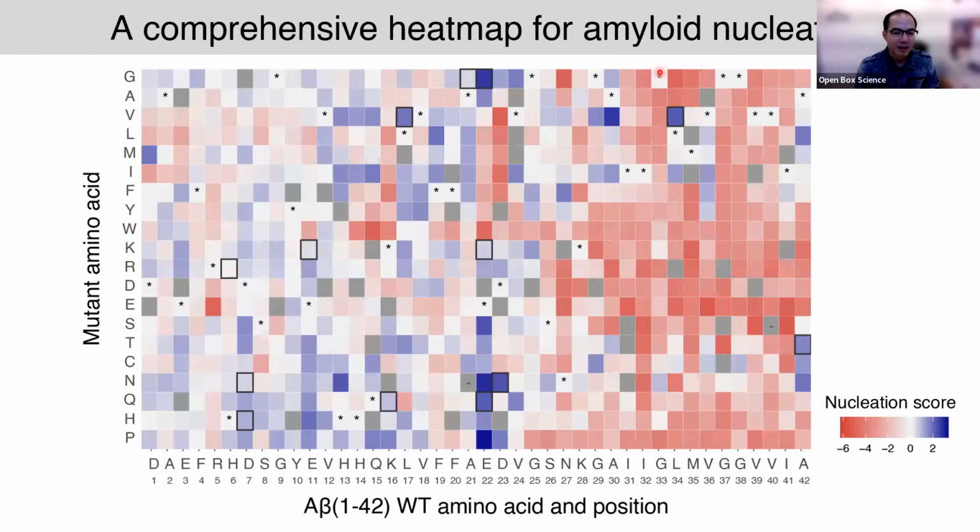So you mean at the C terminus we have some blue substitutions, which would increase nucleation. Most of them don't increase, but some do and some are pathogenic. Do you know why those specific ones? I believe the outlier ones are also the ones seen in patients. Right, so for example, this one is a pathogenic mutation.